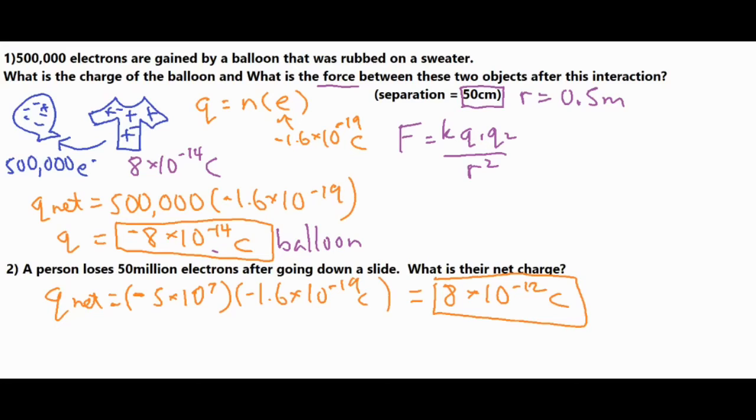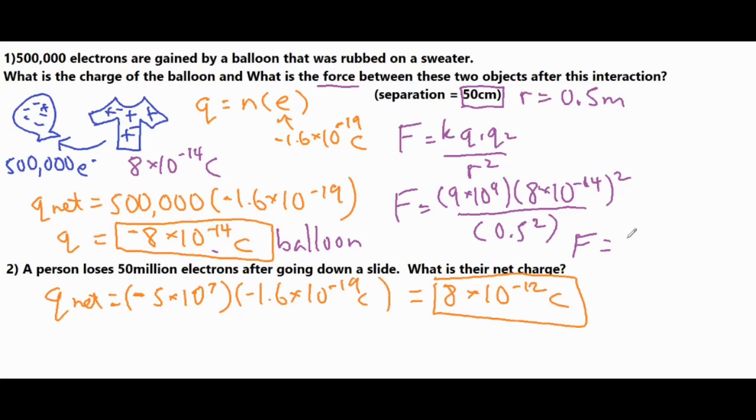We take the constant K, 9 times 10 to the ninth, times 8 times 10 to the negative 14th. Because both of them have the same magnitude of charge, we just square that. And then our separation distance is always squared. That leaves us with a final answer of 2.30 times 10 to the negative 16th newtons.